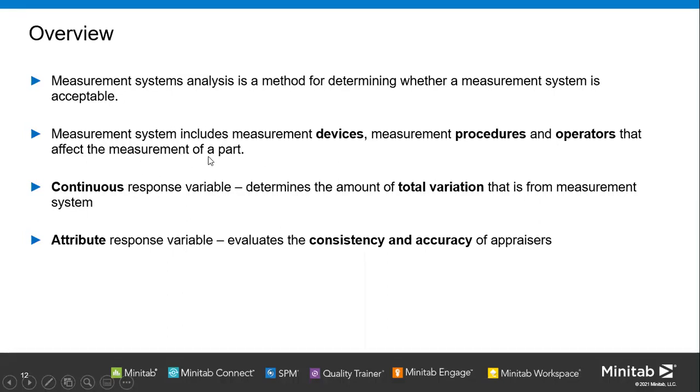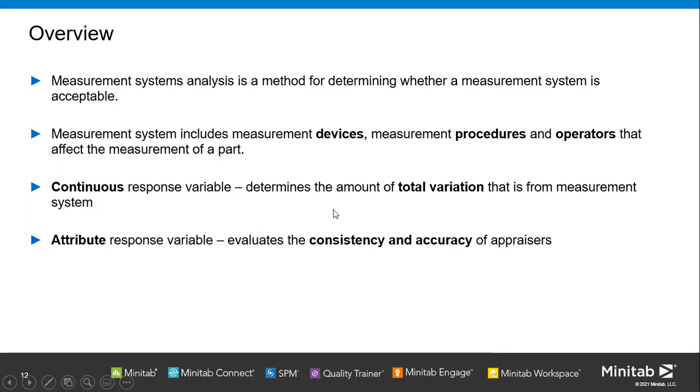Maybe your measurement is a continuous response variable, something like length, height, or weight. There we assess the amount of the total variation that comes from the measurement itself. And then maybe your measurement is an attribute response, where you want to evaluate the consistency or accuracy of the appraiser itself.